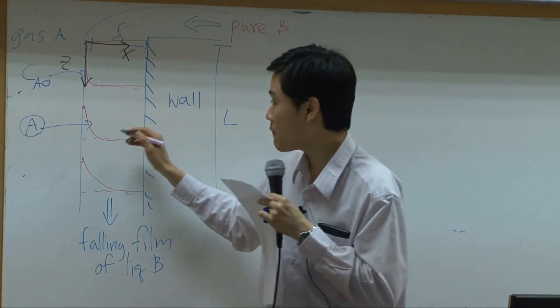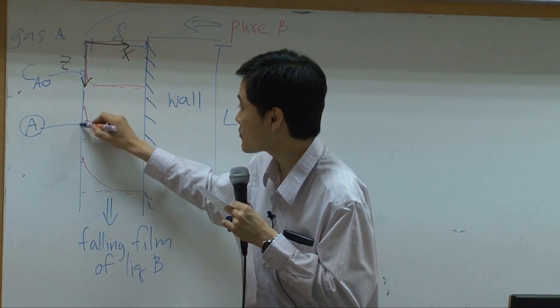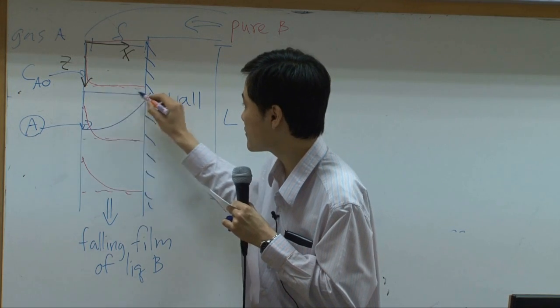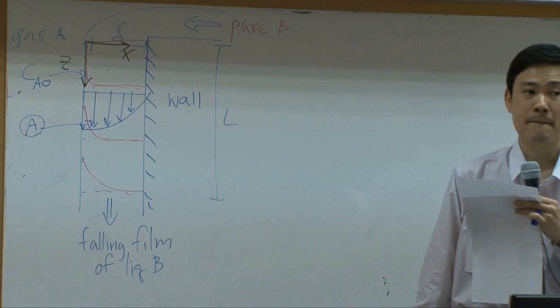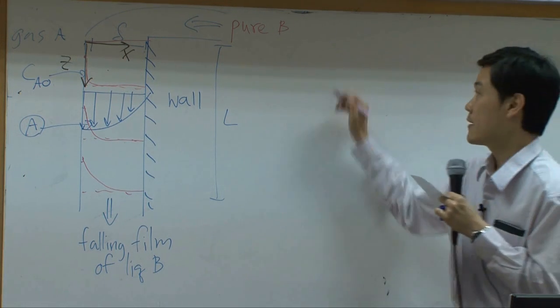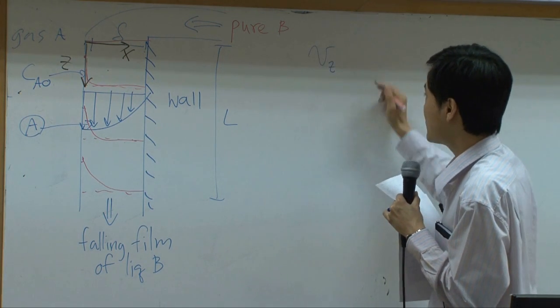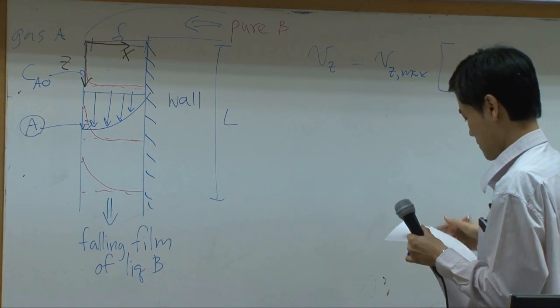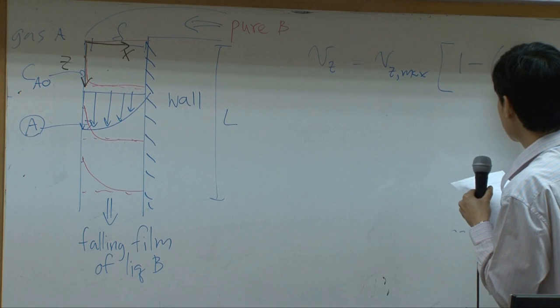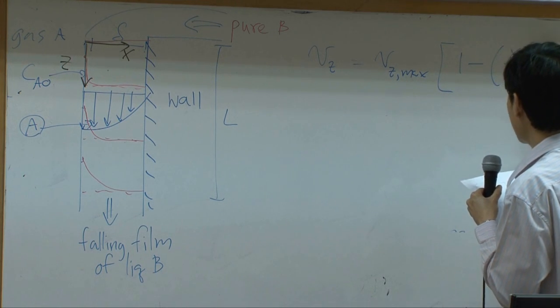The velocity profile should look like this, right? And velocity along Z direction would be V_z maximum times 1 minus x over delta squared.